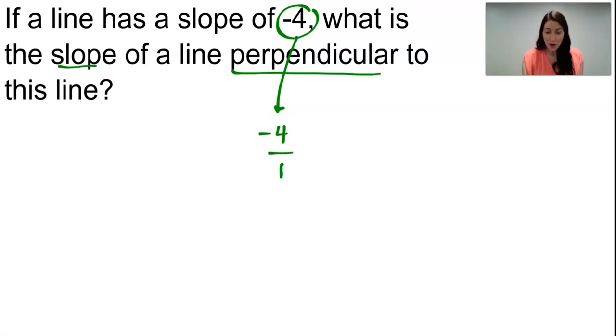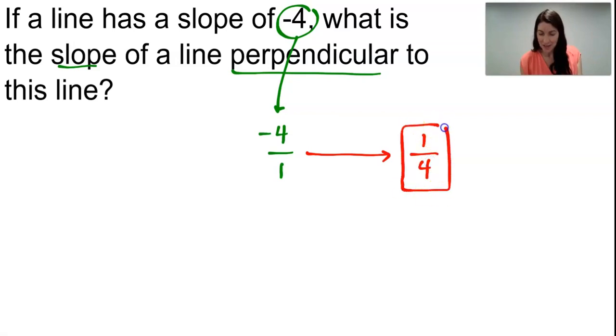All right, now let me go ahead and take the opposite reciprocal. Well, if the sign of the first slope is negative, I know my perpendicular slope will be positive. And then if I take the reciprocal or flip this fraction, I would get a slope of +1/4. So a slope of +1/4 is a slope that's perpendicular to a line that has a slope of -4.